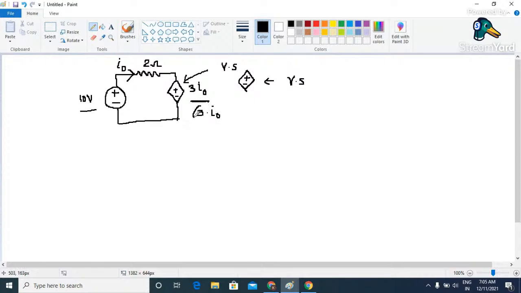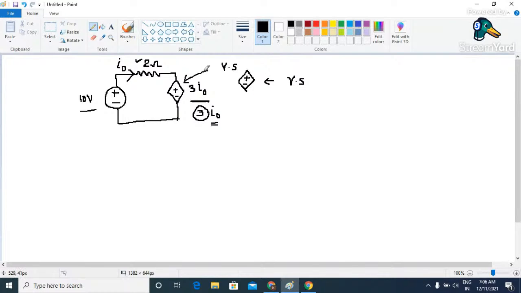Here this 3 is a constant factor, and I naught indicates that it is a current controlled voltage source. That means the moment we vary the value of this current, the magnitude of this voltage source automatically varies. And what is this I naught? This I naught is simply the value of the current flowing through this 2 ohm resistor.